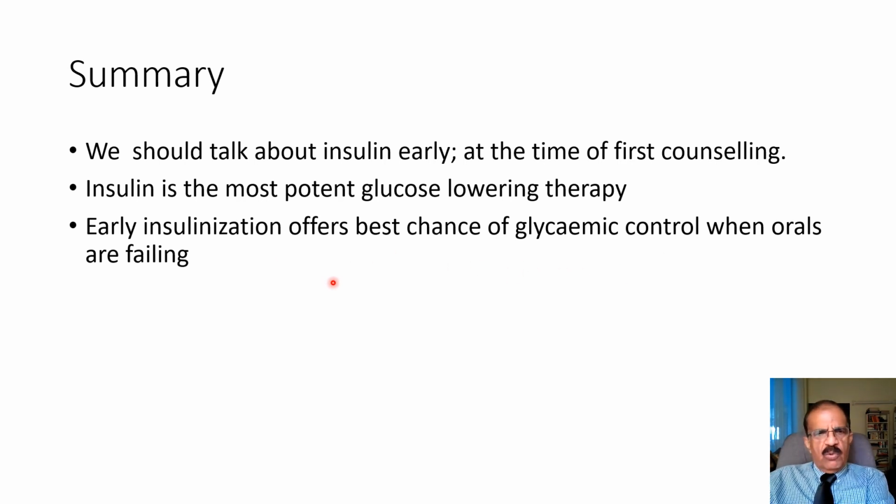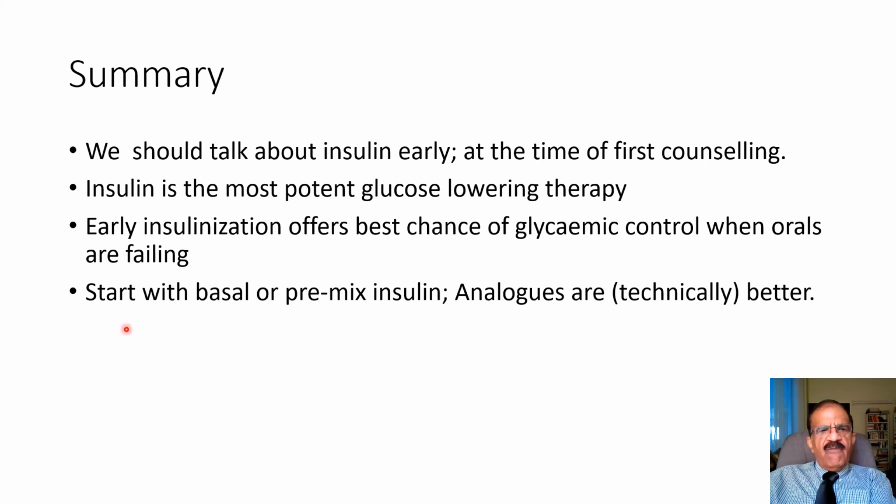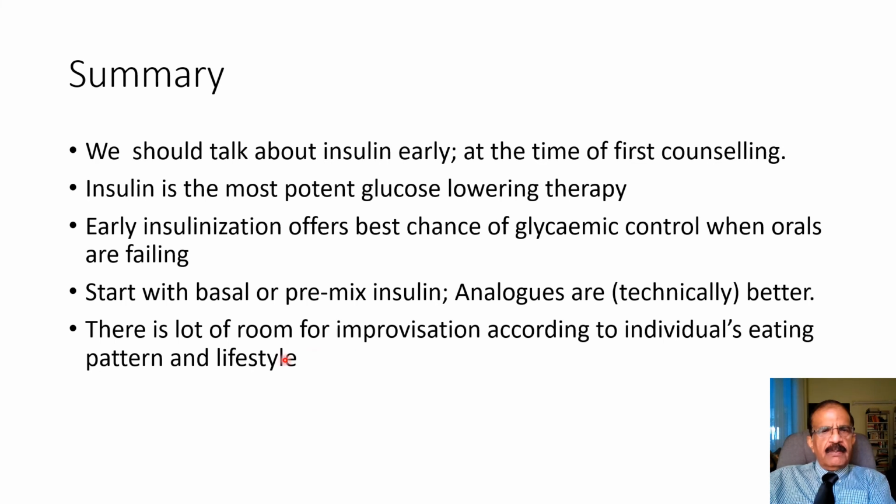This is early insulinization. Start with basal or pre-mix insulin. Analogues are at least technically better, with fewer chances of hypoglycemia 3-4 hours after a meal and less chance of hyperglycemia immediately after a meal. That translates into better control, because if there are no hypos, the patient is more likely to up-titrate and take the proper dose.